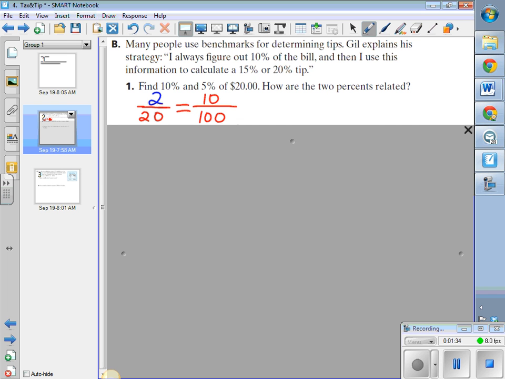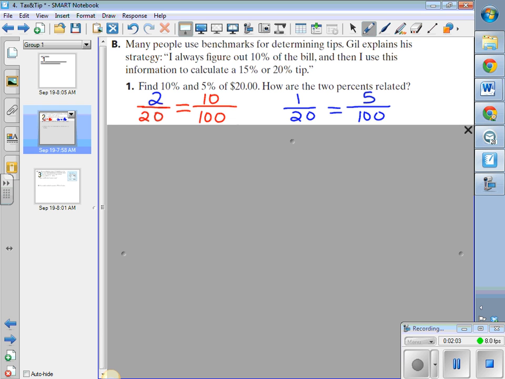Then if we know that information, and we want to find 5% of that, well, 5% would be half of 10%. So we could just cut that in half, or we could still use the old standard and do 20 times 5 divided by 100, and we're going to get 1.